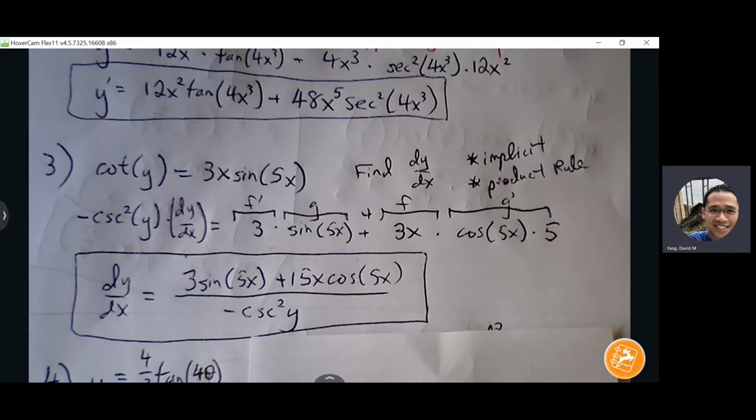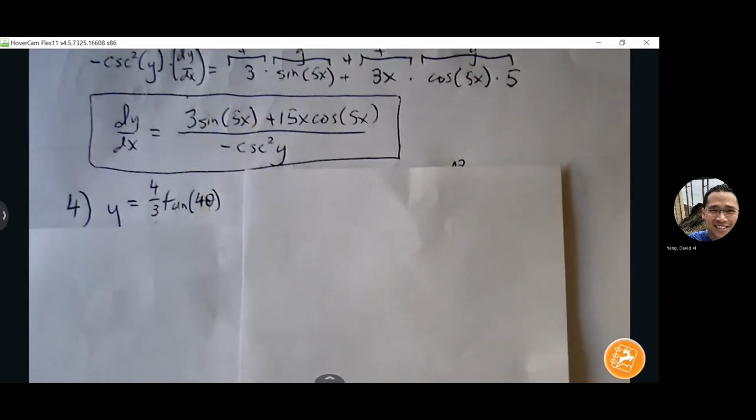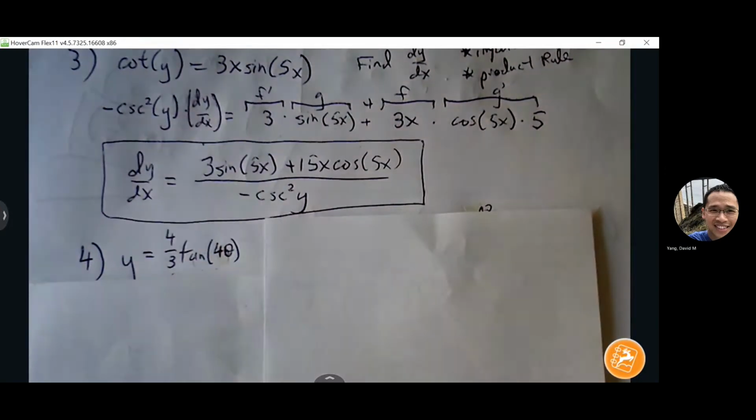Okay, look at number 4. Number 4, we're asked to find the first and the second derivative. So 4/3 tan of 4 theta, and we jump directly into our tangent rule, right? Secant squared u times u prime.